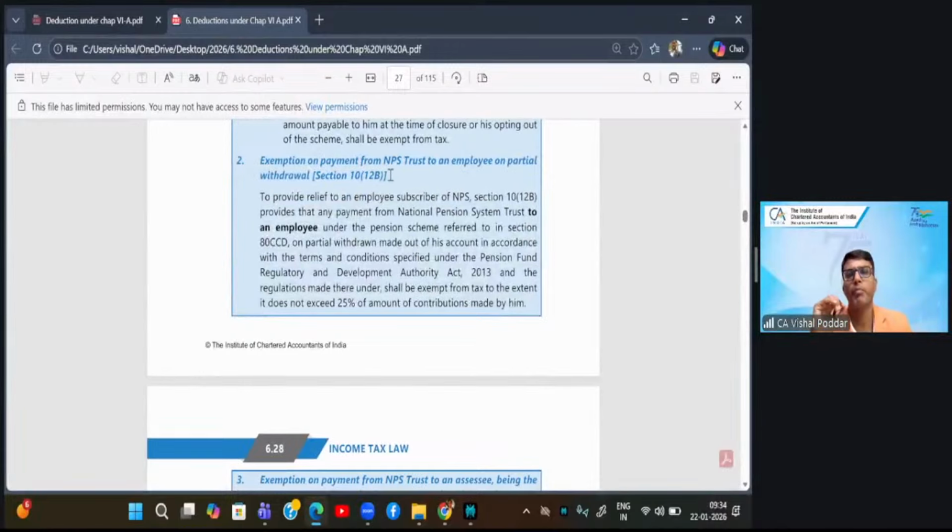Then comes the second type of withdrawal. The above exemption was for when your scheme is fully done and you are finally closing it. Second is, what if you are still in employment? That is, the scheme is still going on and you want to make a premature withdrawal.